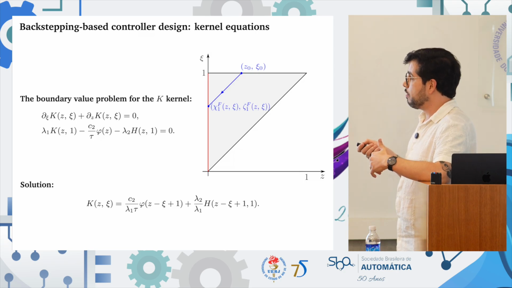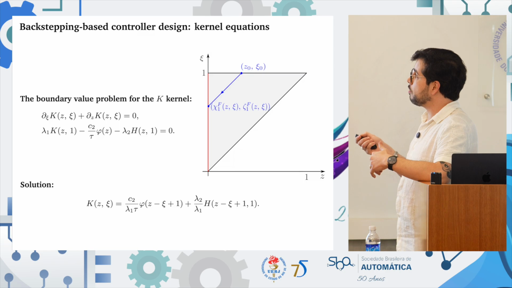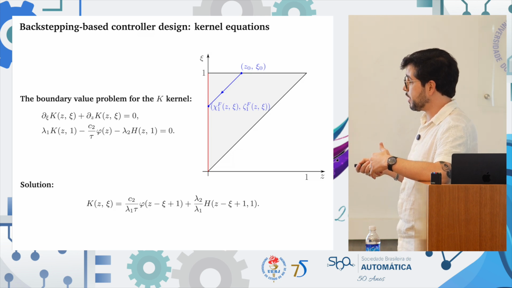For the kernel K, we have an explicit solution, which is given by this expression. We can see that we have a boundary condition here in this triangular domain, and the information propagates with no dissipation.